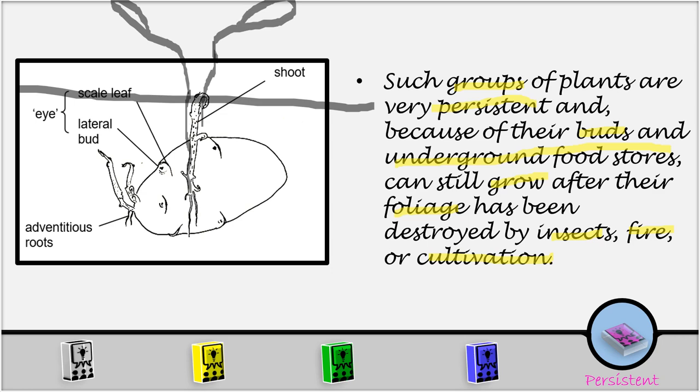So you can see that these ones are not bothered with the condition of the upper surface of the soil.